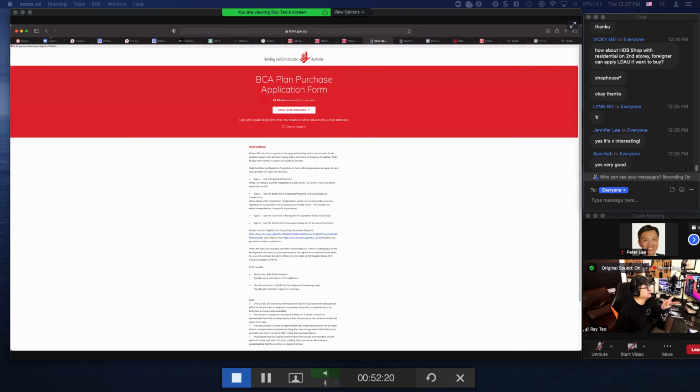When it comes to plan purchase, a lot of agents ask me, where to buy the floor plan? There's no floor plan. Floor plans are fake ones; the developer goes and draws them. There are only construction plans from BCA.